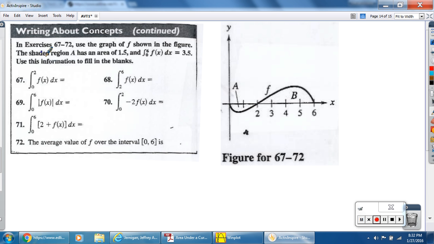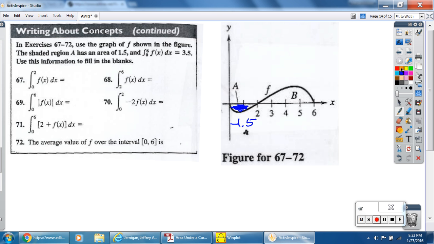In this problem, according to the directions, the shaded area A, now mine does not look like it's shaded, I'll shade it in a little bit. Here's the shaded area A. That has an area of 1.5, and since that area is under the curve, I'm going to remember that that's negative.